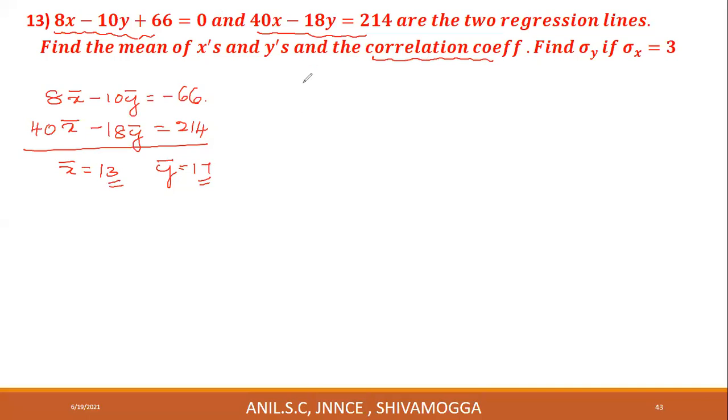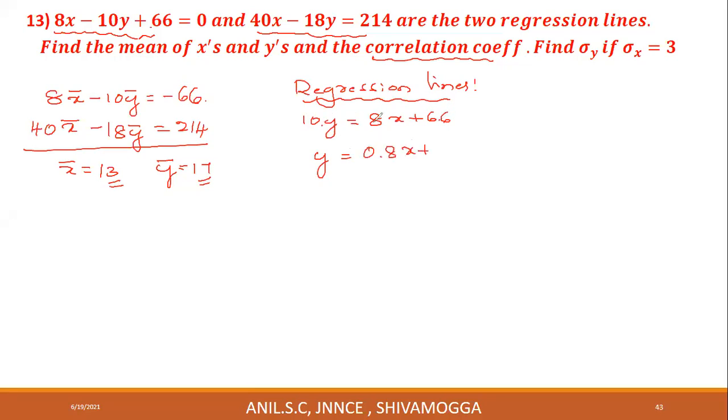The first regression line will be 10y is equal to 8x plus 66, or you can write it as 8 divided by 10, that is 0.8 into x, plus 66 divided by 10 is 6.6. This is the first regression line.